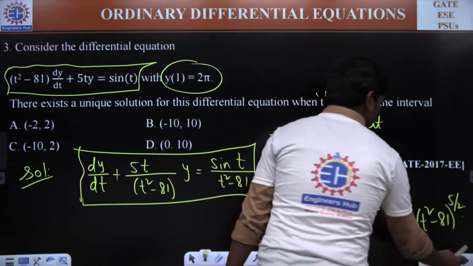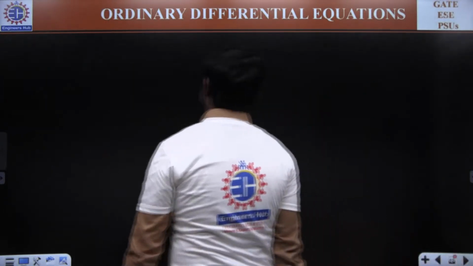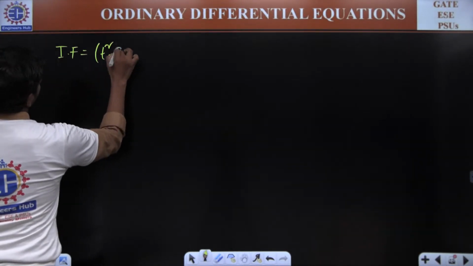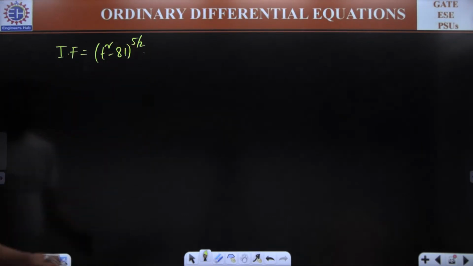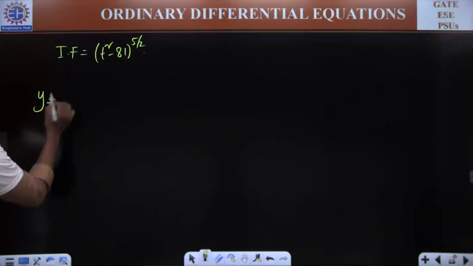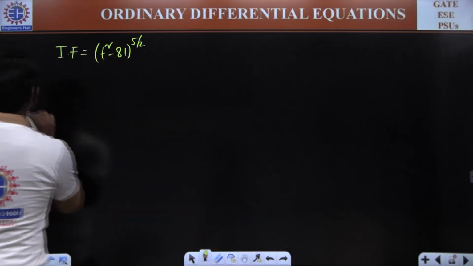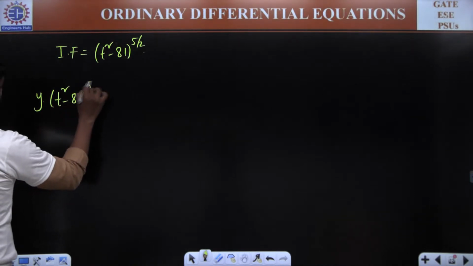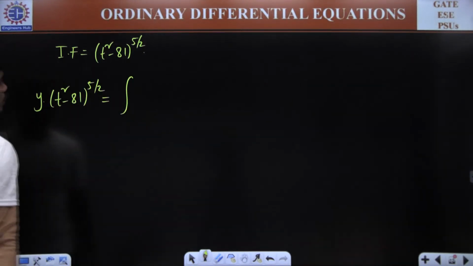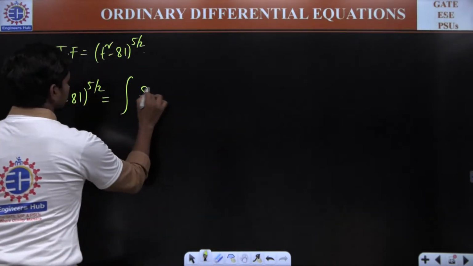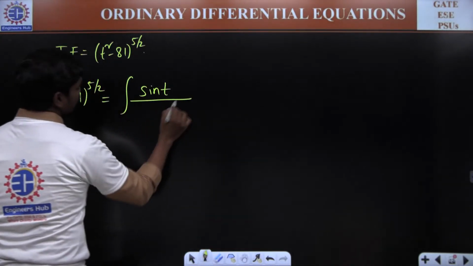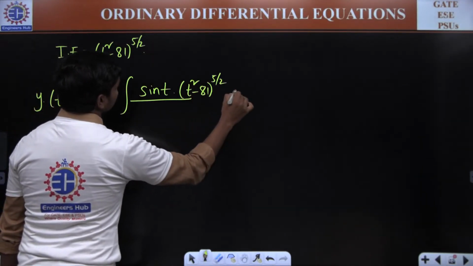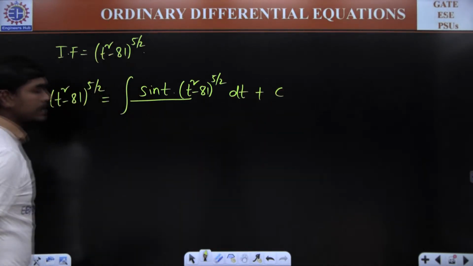Now, we got an integrating factor, IF, equal to (t² − 81)^(5/2). Now, if you talk about the solution, then let us write the solution: y into (t² − 81)^(5/2) is equal to the integral of Q, which is sin t, times the integrating factor (t² − 81)^(5/2), dt, plus some constant. Can I write this as the solution?